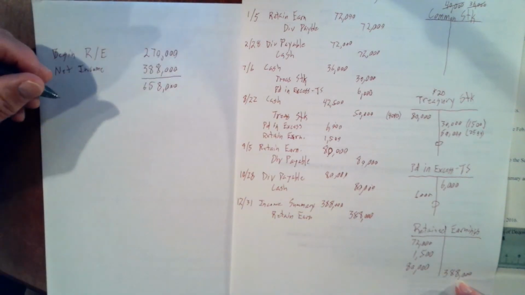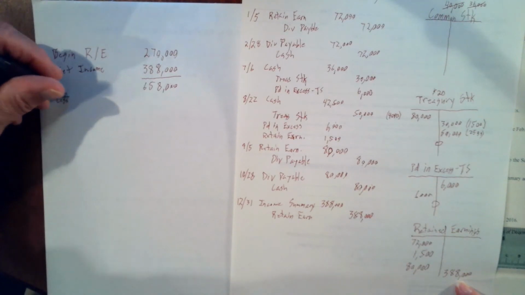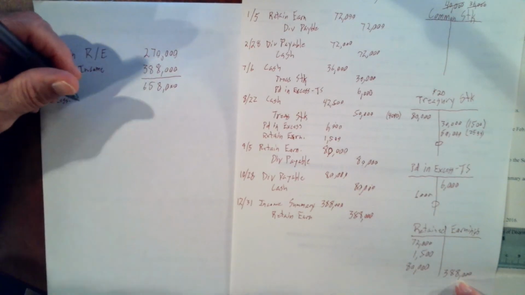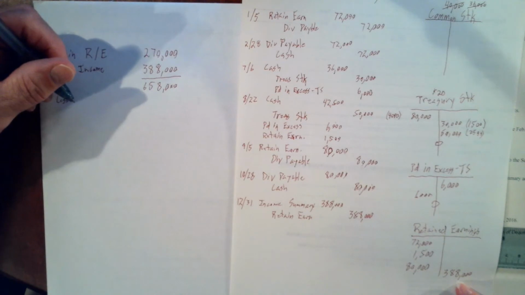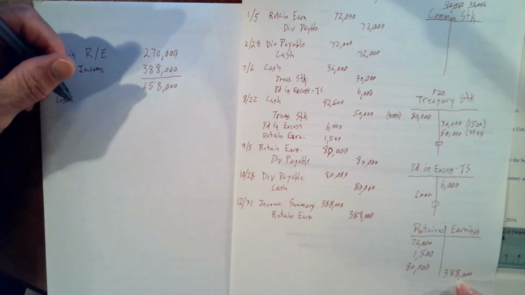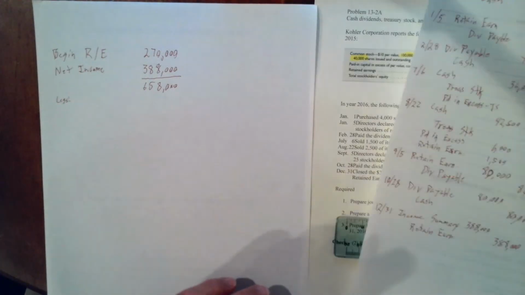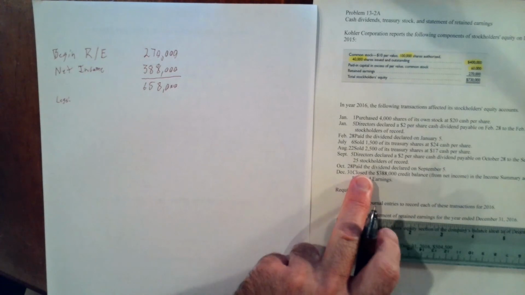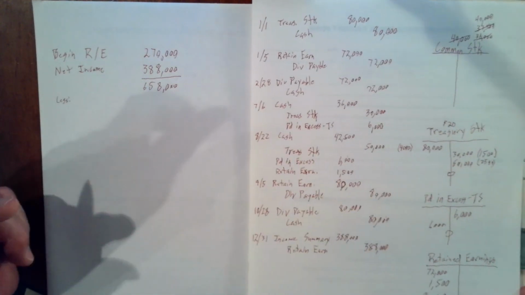Good. Less dividends, and it says it's dividends declared. That means dividends that have already been set up and ready to go. Now, on this one we had everything paid out in cash. All the dividends have been paid out in cash.